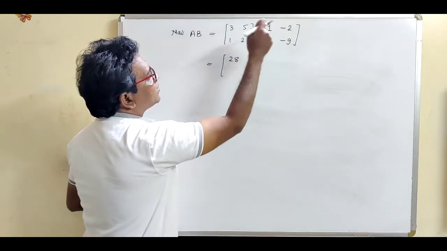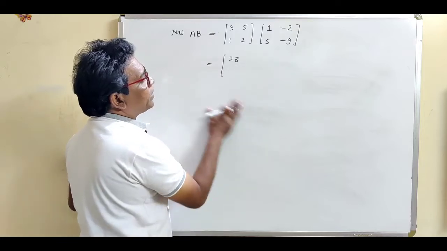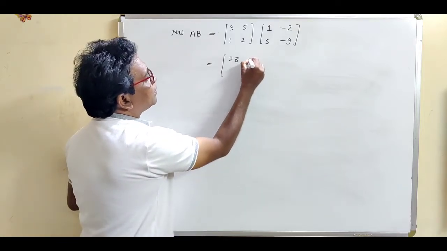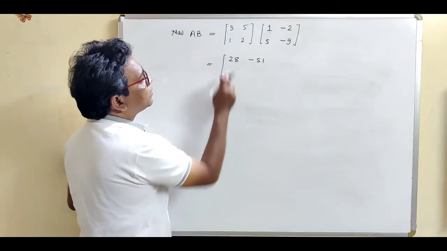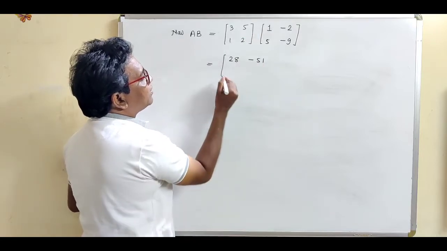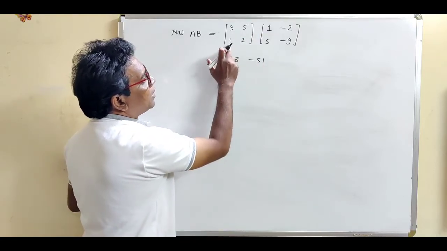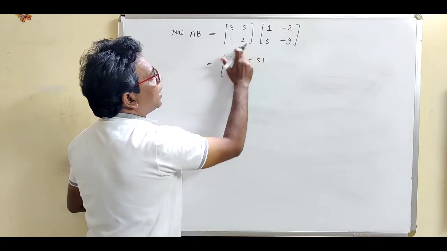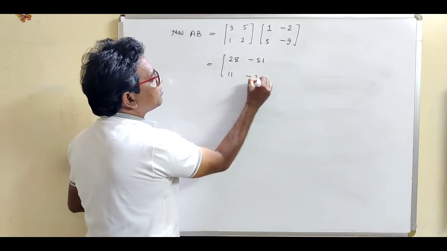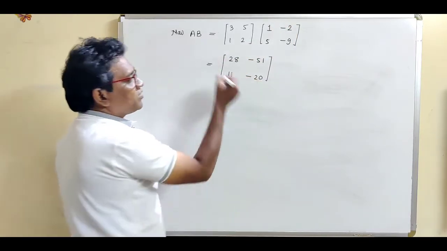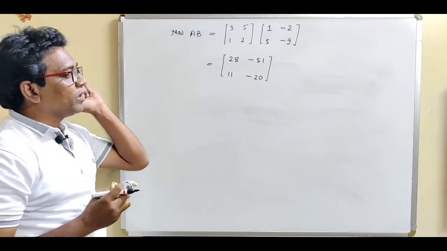Minus 6 and minus 45, this is minus 51. 1 plus 10, this is 11. And minus 2 and minus 18, this is minus 20. So this is our matrix AB.